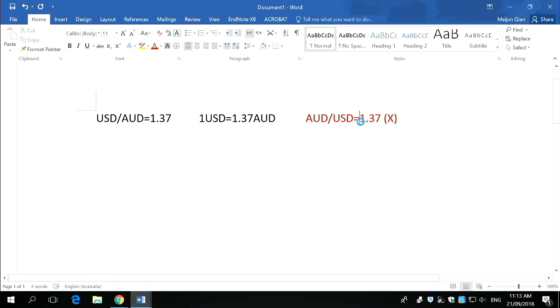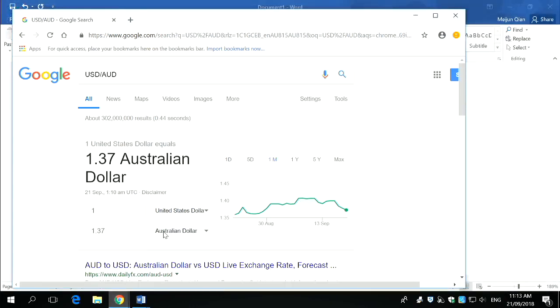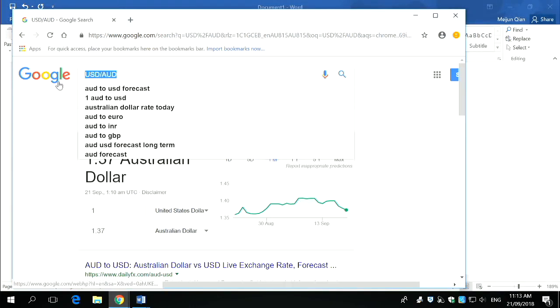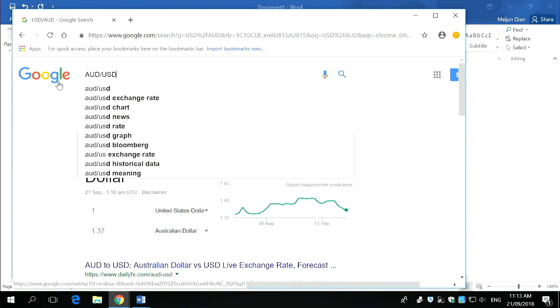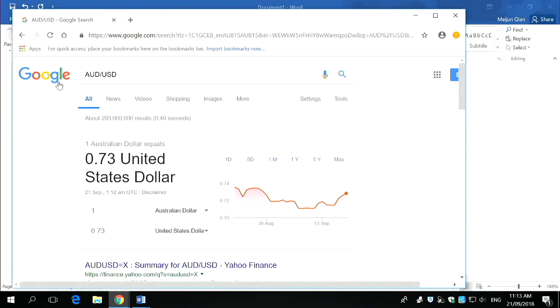He might have used some other notation that confused you, but it doesn't matter. I'm just going to show you exactly what the market tells you. And if you do AUD over USD, you're going to get 0.73.